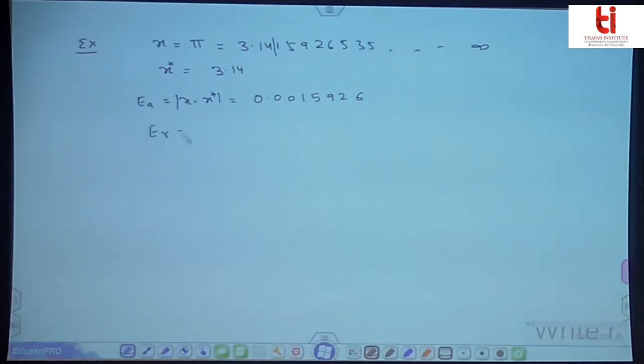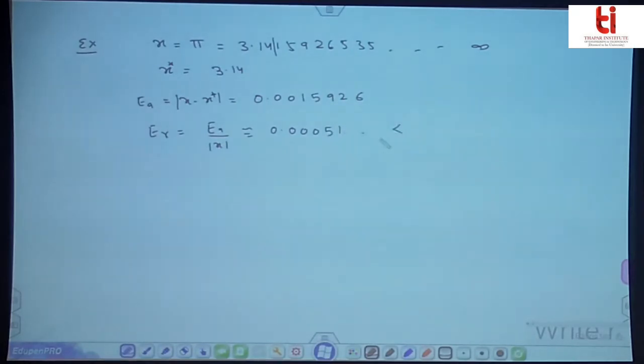Relative error is the absolute error upon mod of x, and it is nearly 0.00051 and so on.